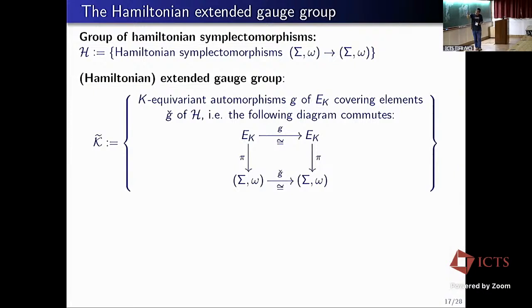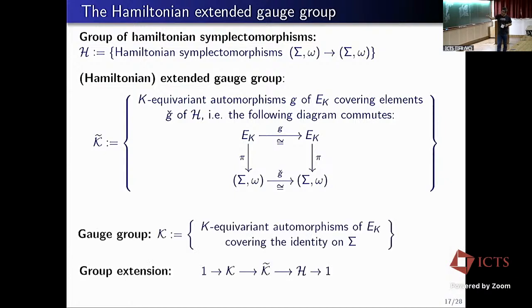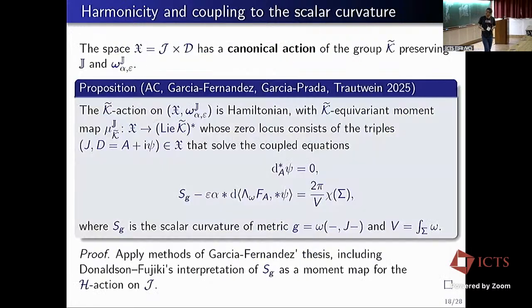And again, there is a map from the second to the first group. Everything, again, I should say, is infinite dimensional. And the kernel is the usual gauge group of transformations that cover the identity on the base. Good. So the usual theory deals with G and K. Now we want the extended version to act on this bigger space. And we can calculate the moment map for this presymplectic form.